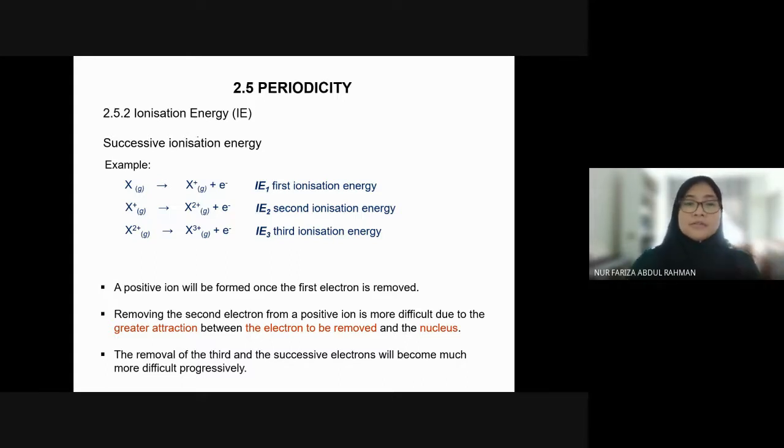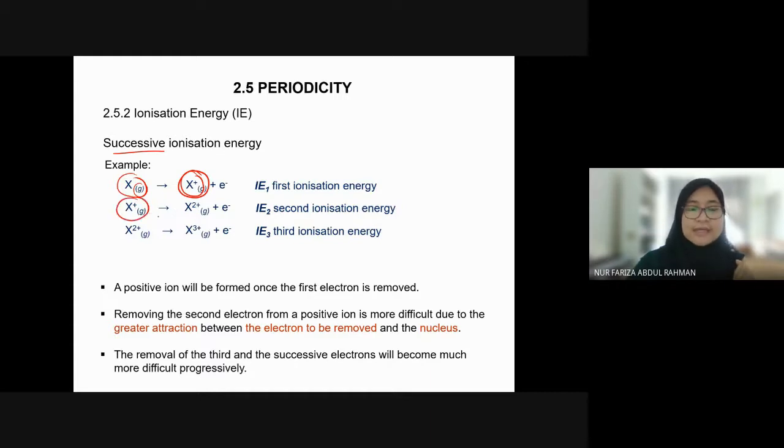Okay, so this is what we call successive ionization energy. So kita ada IE1, IE2, IE3. Okay, so IE1 should start from the atom itself and in gas state. Nampak tak? Gas state. Remove one of its electron, becoming the first positive ion. Okay, this is first ionization energy. For second ionization energy, that means the electron should be extracted from the positive 1 ions.